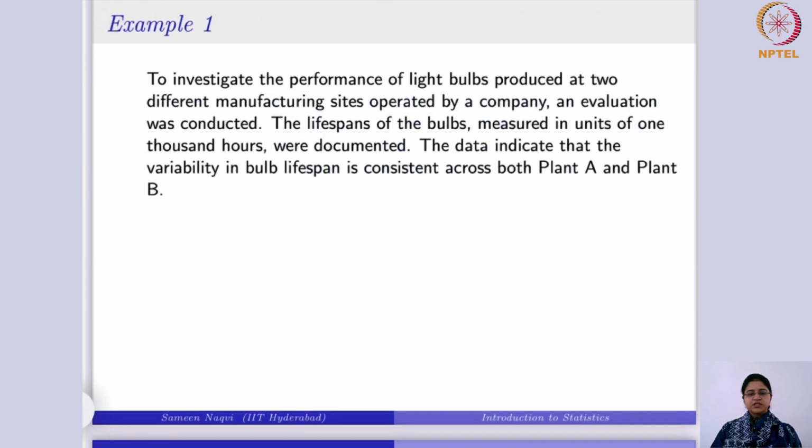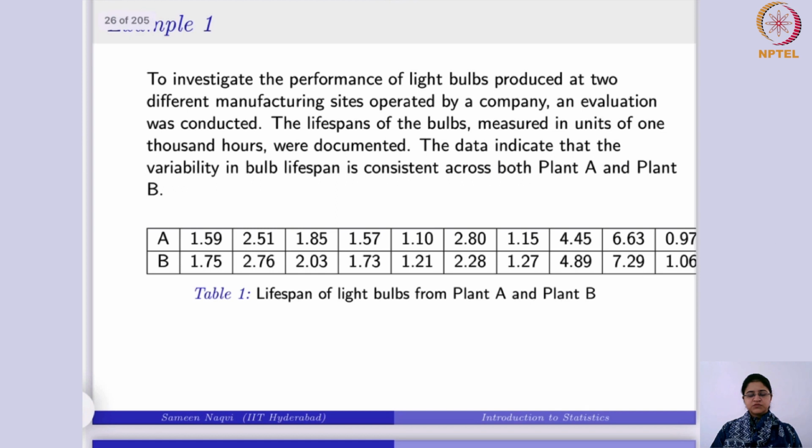To investigate the performance of light bulbs produced at two different manufacturing sites operated by a company, an evaluation was conducted. The lifespans of the bulbs measured in units of 1000 hours were documented. The data indicate that the variability in bulb lifespan is consistent across both plant A and plant B. So you have the lifespan of light bulbs from plant A and plant B. 10 values are given to you from both the plants.